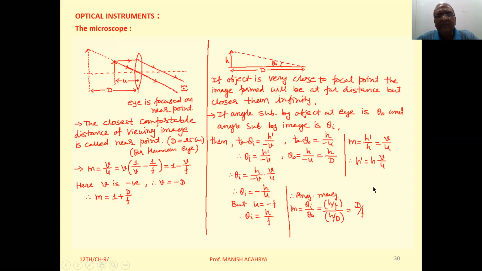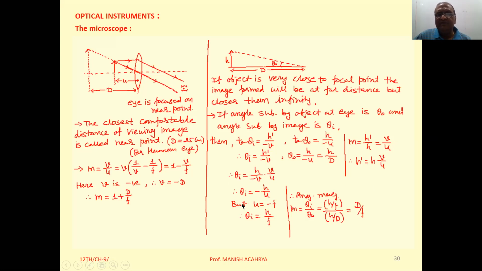Now as per definition magnification is h dash by h, which is equal to v by u; we have derived that in theory. So h dash equal to h into v by u. Now theta I is h dash upon minus v, so h dash can be replaced by h into v by u. So h into v by u upon minus v, as it is.